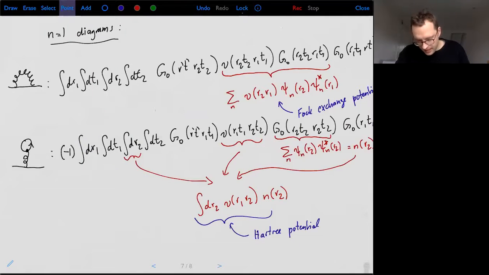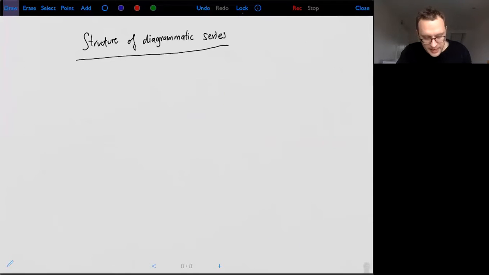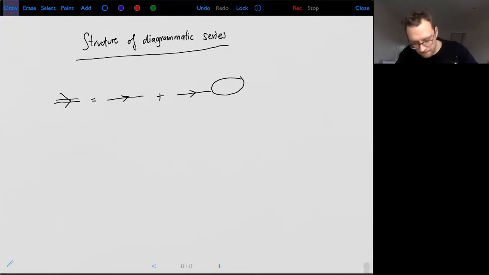So this allows us to write this whole diagrammatic expansion of the interacting Green's function in a very efficient way. Basically, it allows me to write it in terms of the non-interacting Green's function plus a diagram that looks like this. It has an incoming line, then there's some complicated object that contains the interaction, and then there's an outgoing G0 line.